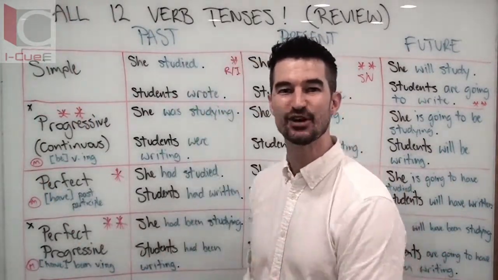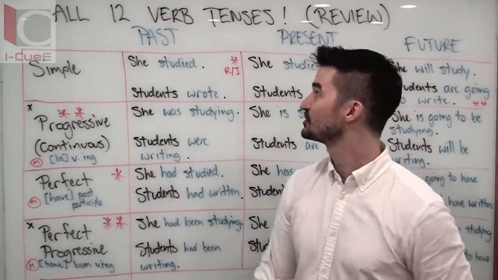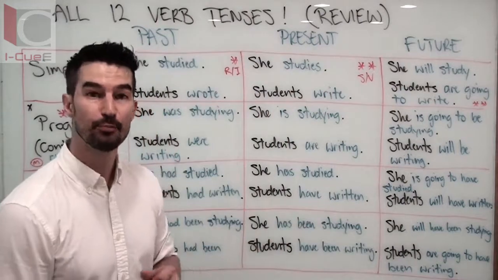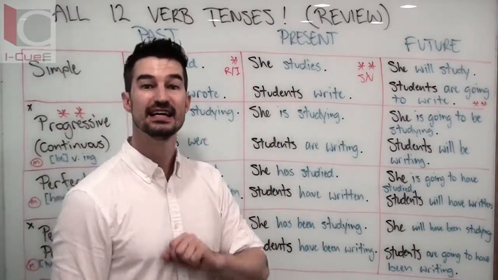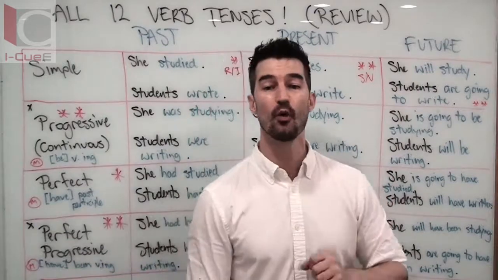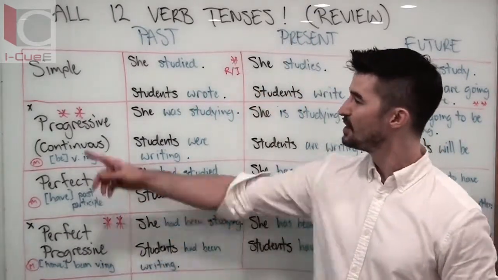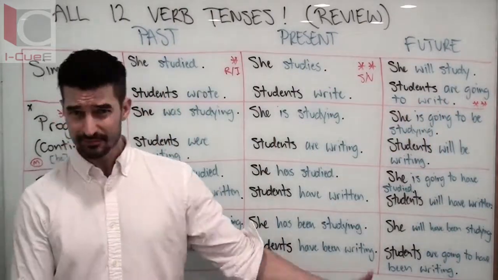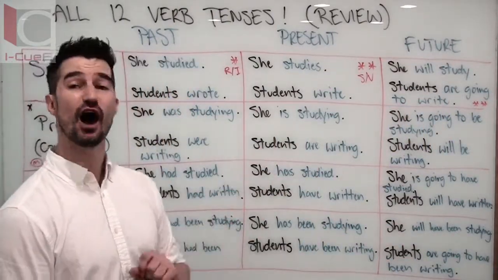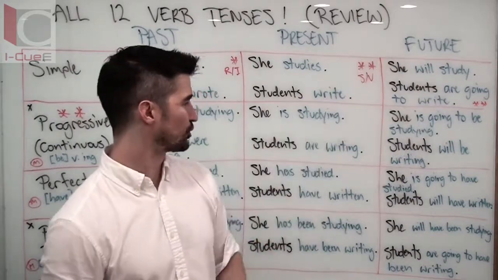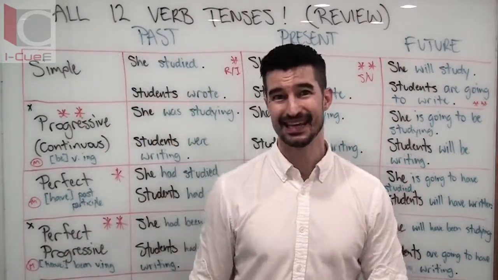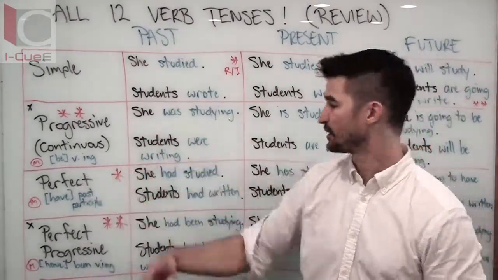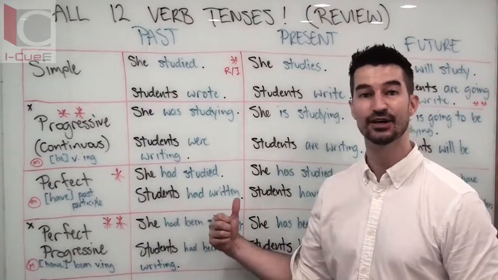We're going to go through the irregular much faster. So, simple past, students wrote. Simple present, students write. Simple future, students are going to write. Past progressive, students were writing. Present progressive, students are writing. Future progressive, students will be writing. Past perfect, students had written.